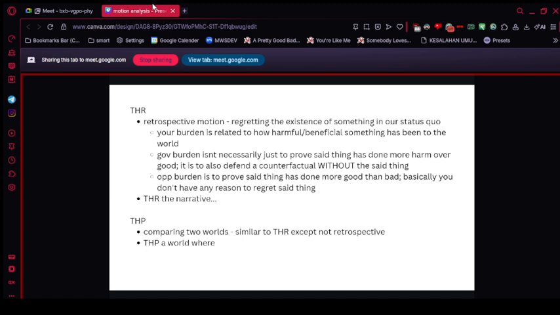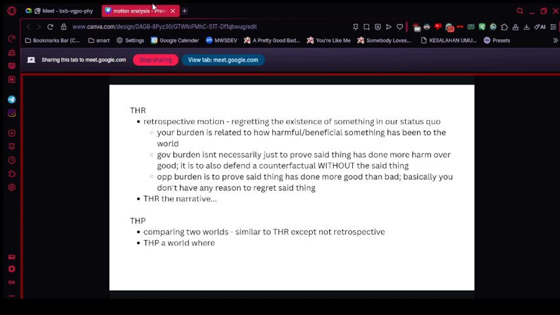Government just has to defend the world that the motion states. There's a lot of different scenarios with this. It can be anything. It can even be a fantasy motion, like this house prefers a world where the Hunger Games existed, for example. Very stupid motion, but I'm reminded of a Hunger Games motion I saw years ago.